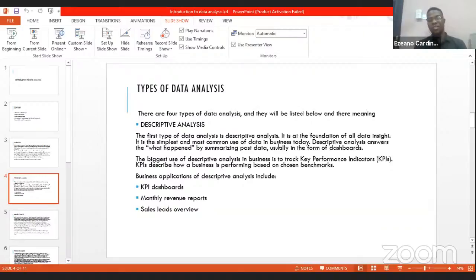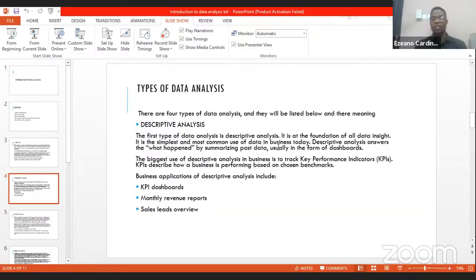From the word descriptive, what this analysis does is describe what a company wants. That's why it answers the question, what happened? What caused this outcome? How did this outcome come about? After gathering data and cleansing them, what they try to achieve is to find a reason for the outcome they see.